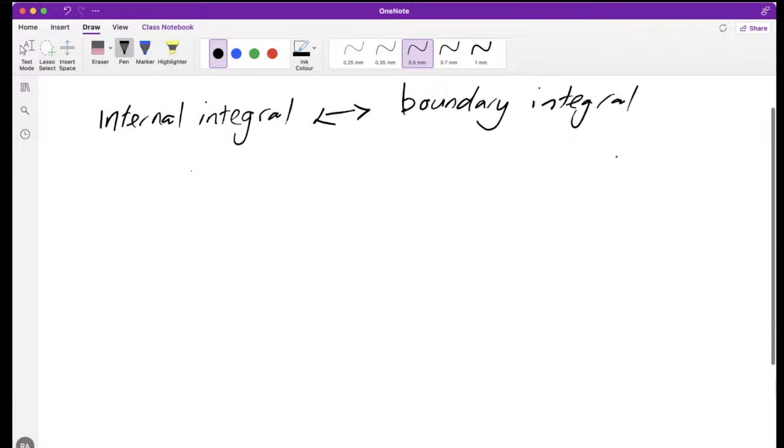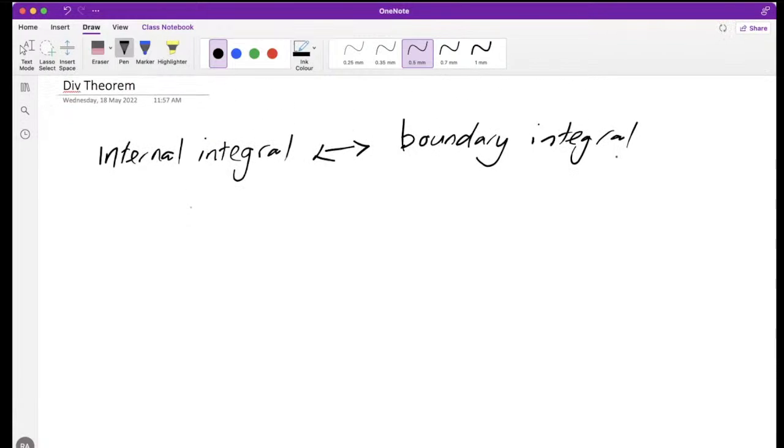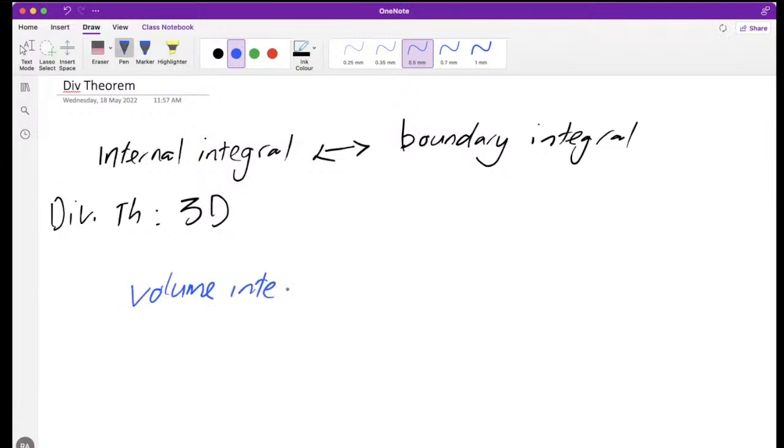So specific to this divergence theorem, it is for three-dimensional problems. When you have the internal as the volume integral and the boundary as the surface integral.